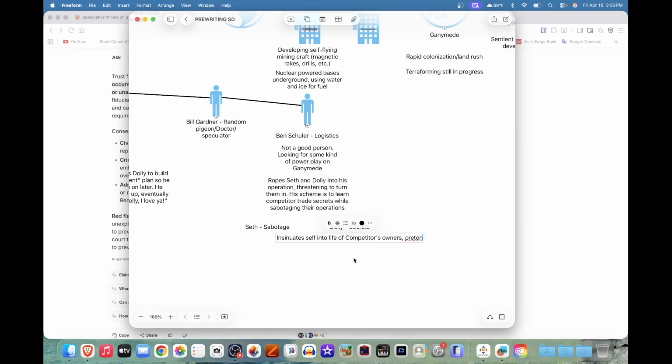Owners. Pretends to be friendly while seeking secrets. Learning about the company and company connections. And Dolly's good at that.